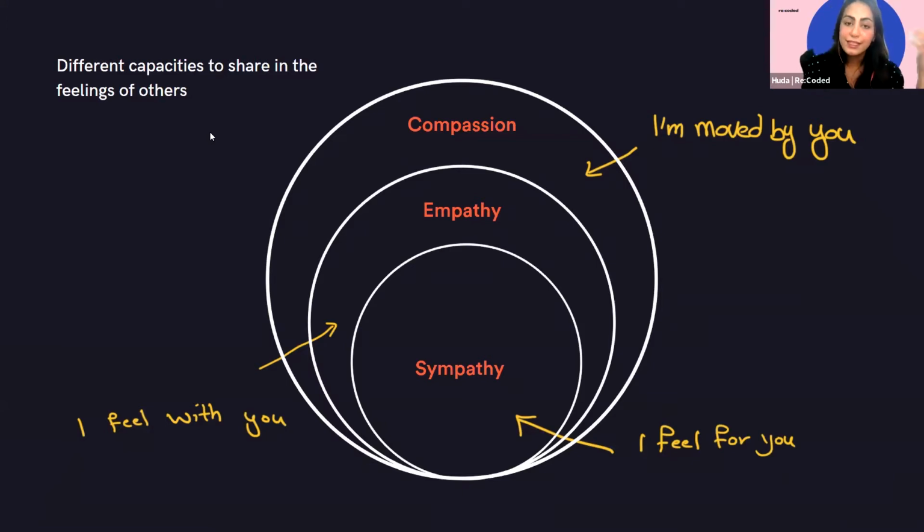Let's dive into something else, which is called compassion. Basically, you have sympathy for someone because you know they are going through something, and you also empathize with that person because you share the same feelings. But in addition to sympathy and empathy, to be compassionate with someone, you do an action.